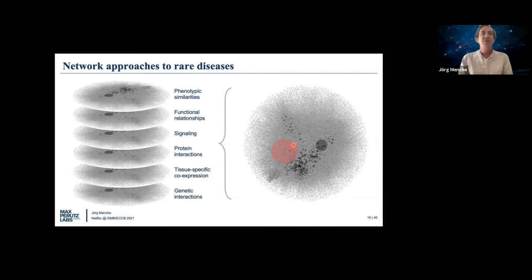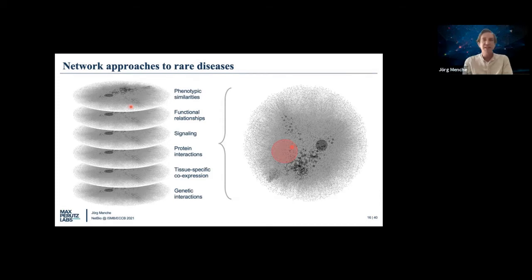The way we try to integrate it is by using a multiplex network approach, in which we encode all these different relationships of genes in different network layers that really span the entire range from the molecular interactions here at the bottom to phenotypic similarities at the very top.